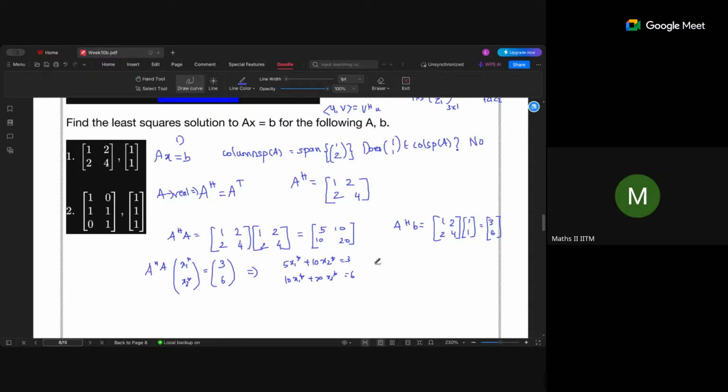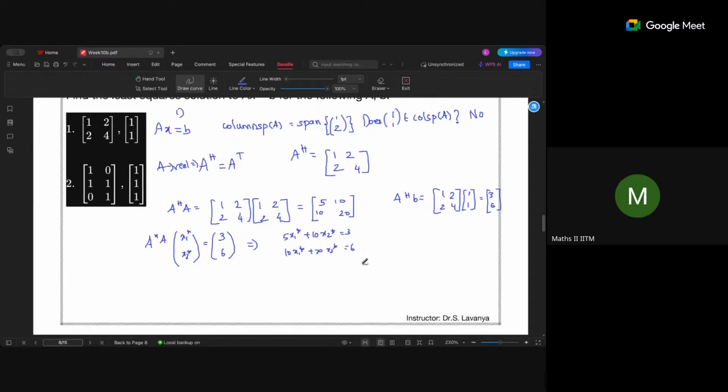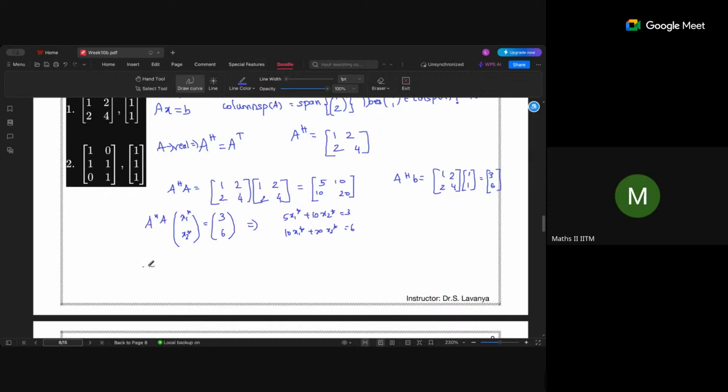So you can just take the first equation, and you have infinitely many solutions. The least square solutions are all x1, x2 star, or just simply x1, x2 satisfying 5x1 plus 10x2 equal to 3.